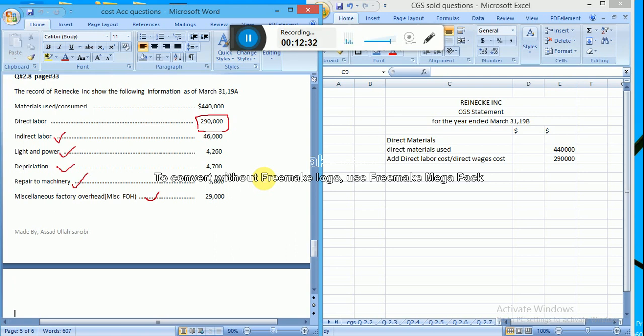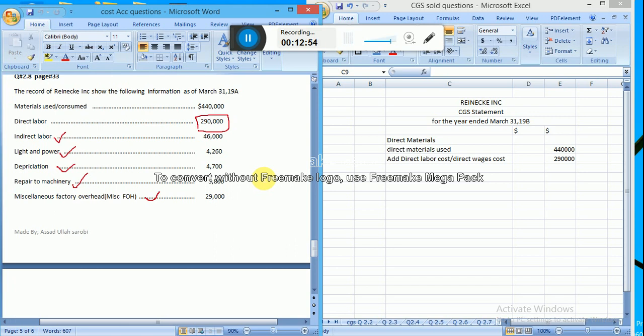But in the previous questions, all these factory overhead costs were given in a single account by the name of factory overhead. But in this question, they give them separately. So what we will do? We will add all these.